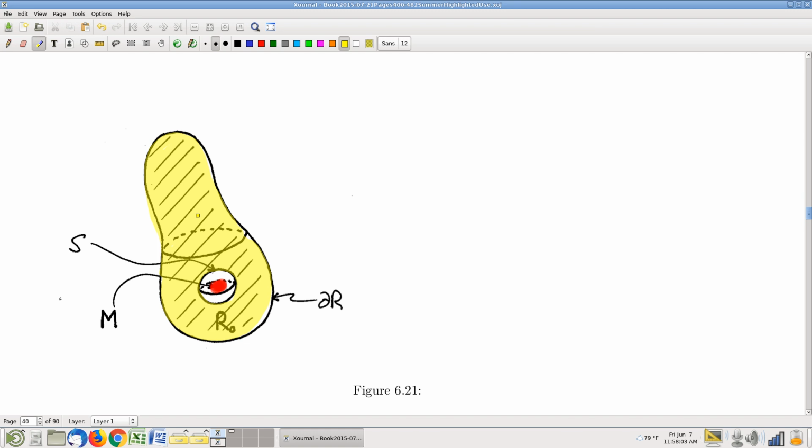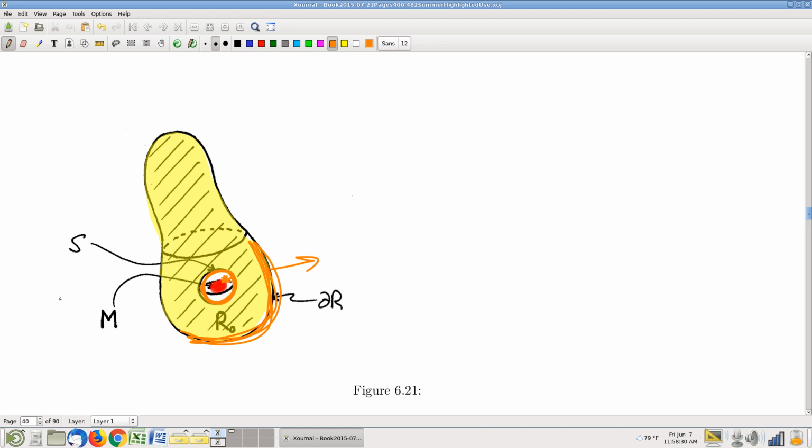And let's think about what is the boundary of R naught? The boundary of R naught is we've got this surface here, which is the boundary of R, right? But then we also have, as part of the boundary of R naught, that surface. Now, away from the solid is what you're going to want to call inward there, which is fine.